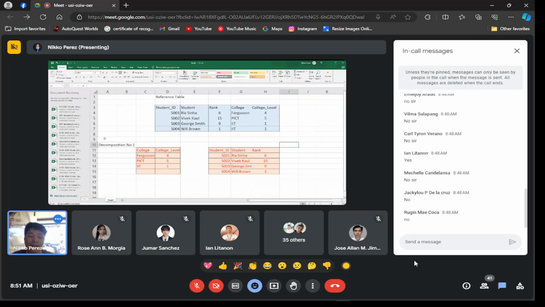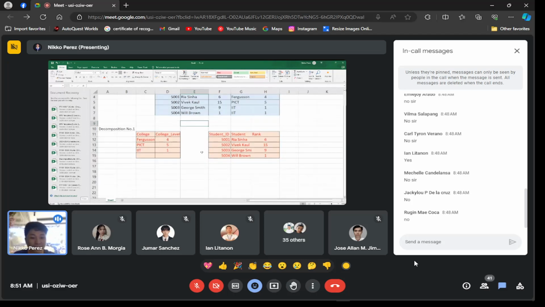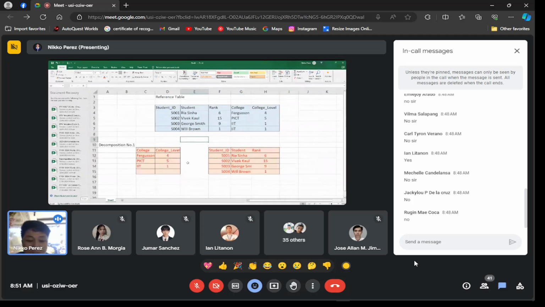This is not the correct decomposition yet because katong gingon ni Mr. Sanchez, mao na gyud to siya ang indicator nga tungod separate man ni nga table, and if you notice these tables, duha naman ka table. So the college table and the student table are separated from our reference table. And out of this reference table, if you observe here, we cannot interpret which college a student belongs to if wala tay relationship.